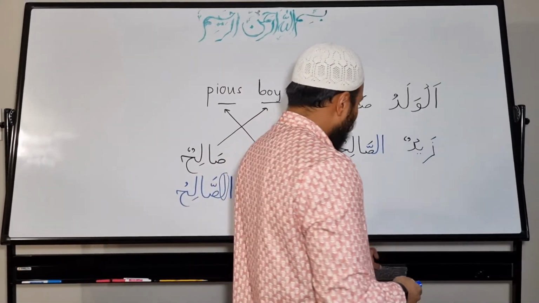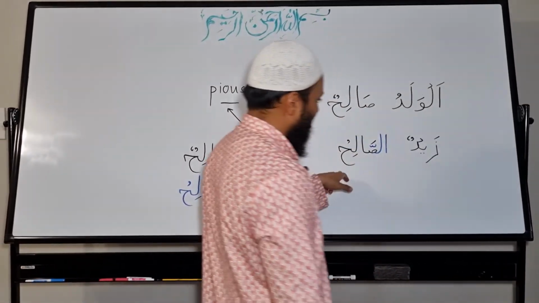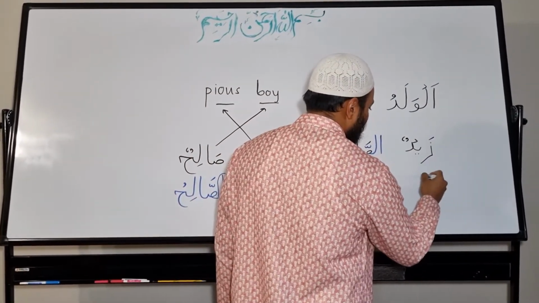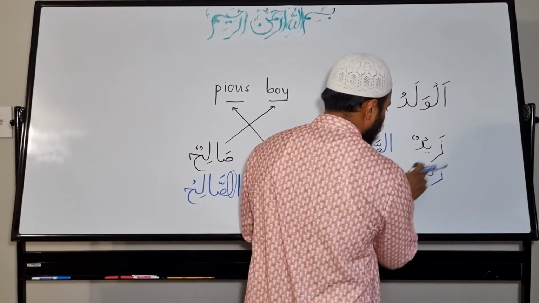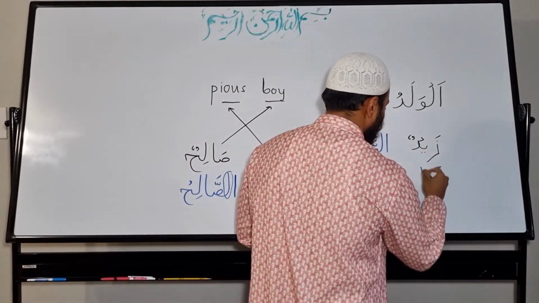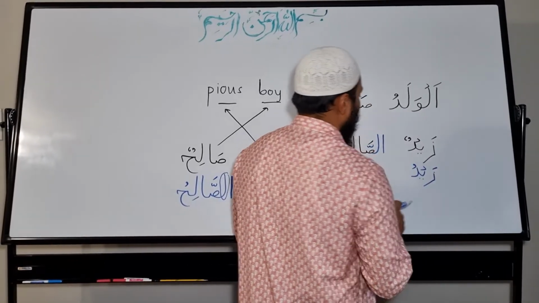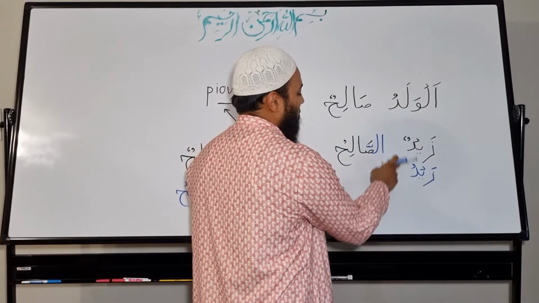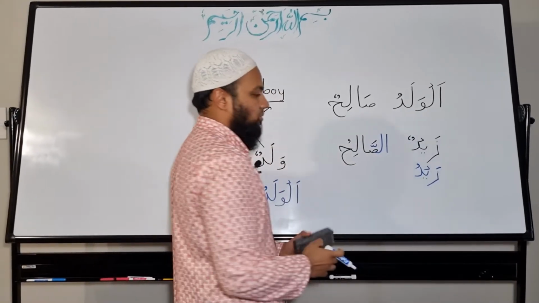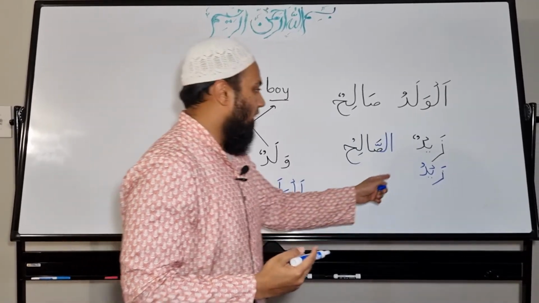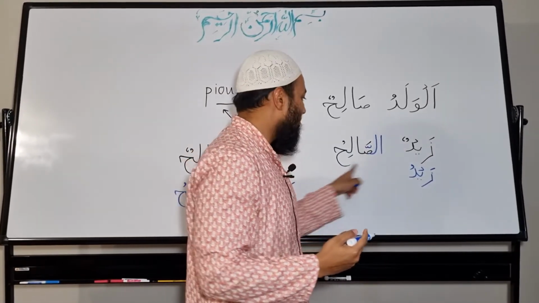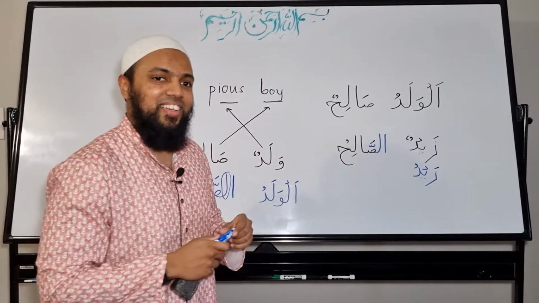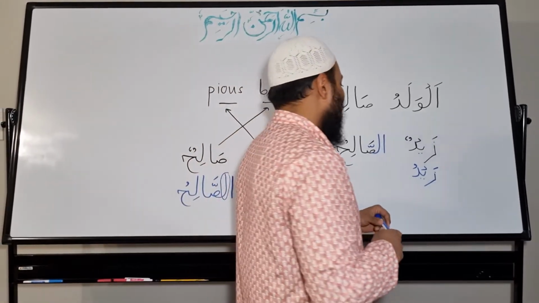Now if we read this as Zaidu salihu, the problem is, how do we identify whether it is Zaidun or Zaidu? Because even if it is Zaidu, that would be Zaidu salihu, right? So we have to do something about this tanween. So what do we do now?